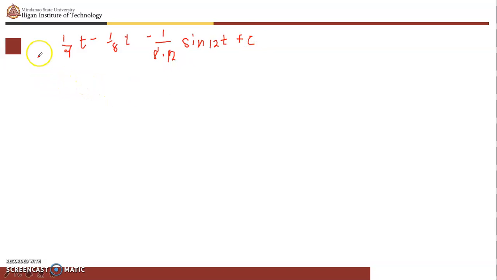When you try to simplify this, the LCD of 4 and 8 is 8. So 8 by 4 is 2, so you have 2 minus 1, so 1, t over 8 minus 1 over 96 sine 12t plus c.